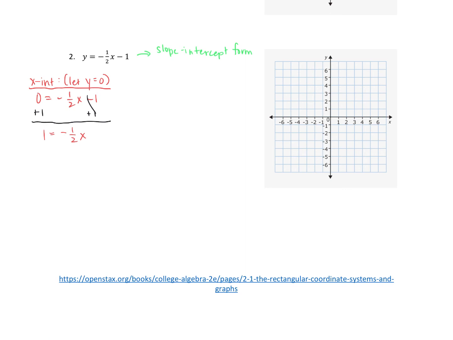And then when I'm multiplying a fraction by the variable, and I want to get rid of that, I need to multiply by the reciprocal. You can either think of it as dividing by -1/2 or multiplying by -2/1.